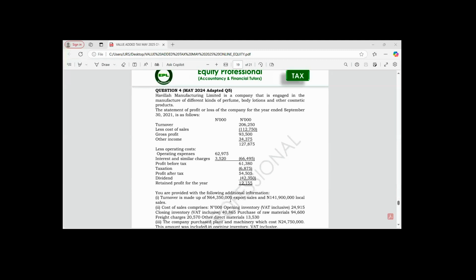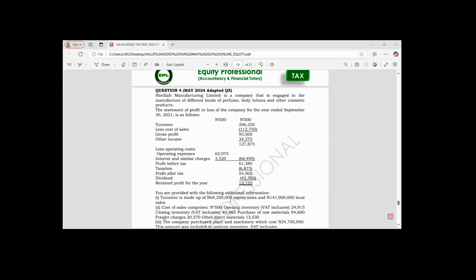Or is it the total amount that will be liable to VAT? I mentioned all these things last week. Which of the sales will be liable to VAT? Is it the total sales, the local sales, or the export sales?